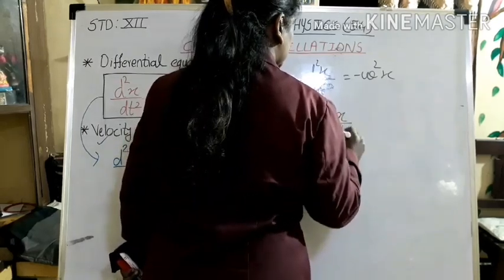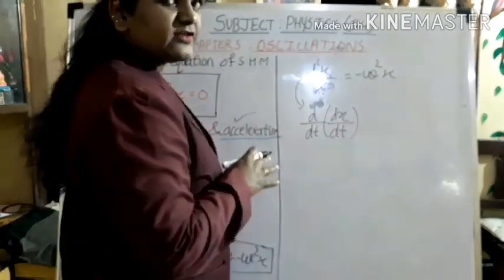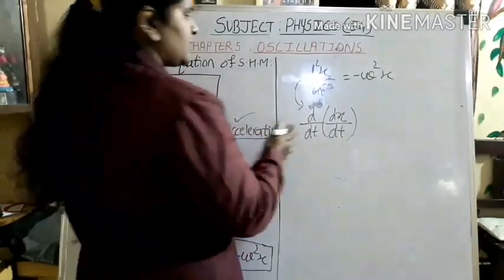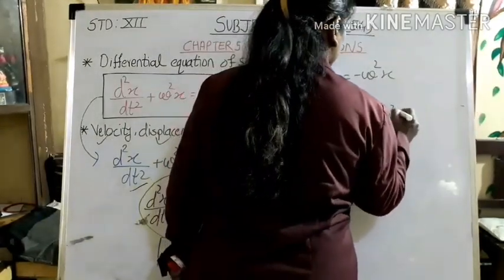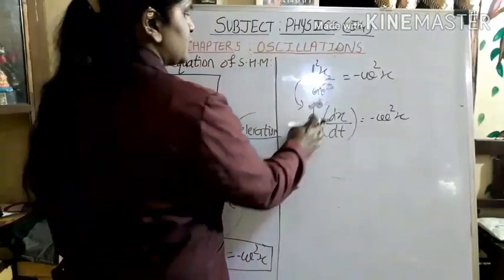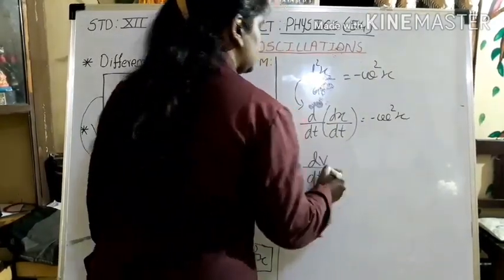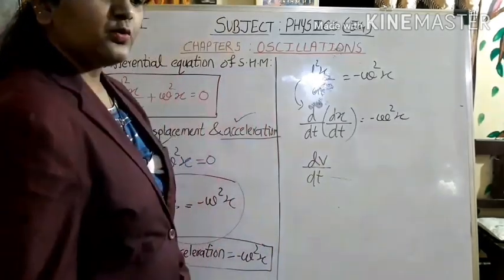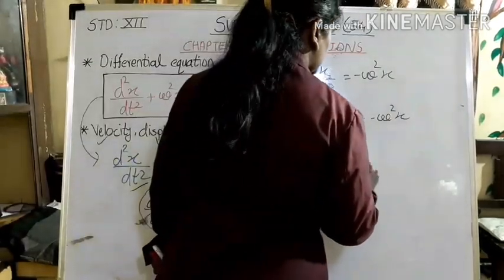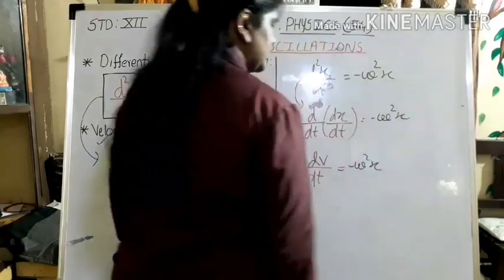Like this. We have done this just before, and we are going in reverse right now. So this is minus omega square x. What is dx by dt? Obviously it is v, so I am putting the value v over here. So dv by dt is equal to minus omega square x.